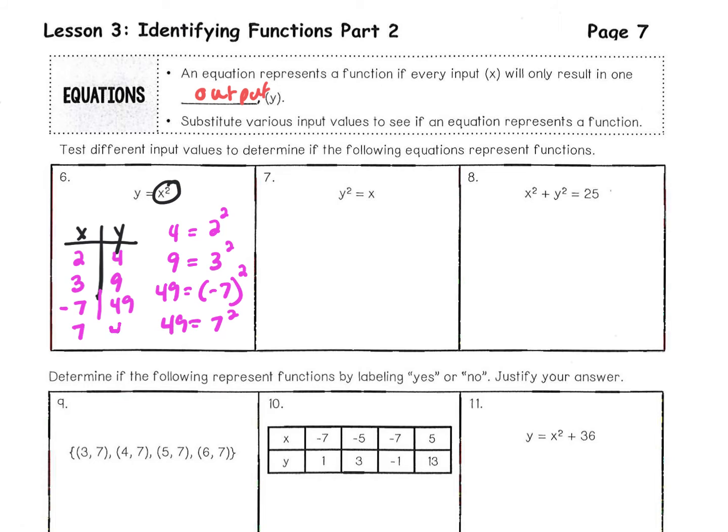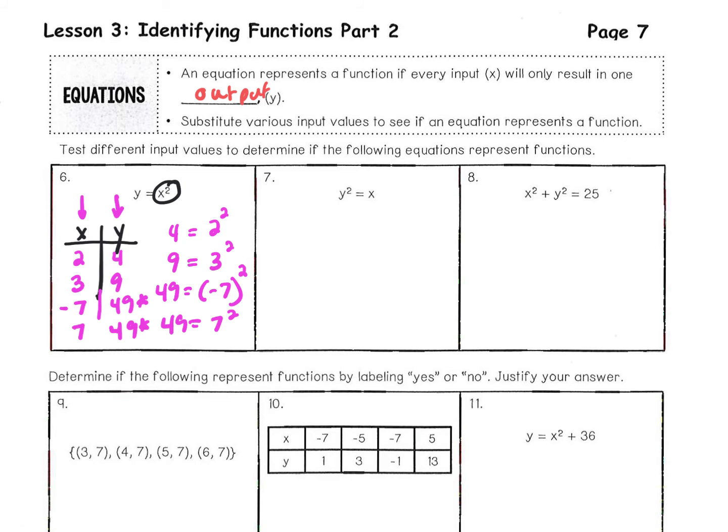But if you recall, in the range, it's okay for the numbers to be repeated because they're paired up. This 49 is paired up with 7, and this 49 is paired up with -7. The domain members are the numbers that we cannot see twice paired up with different numbers.